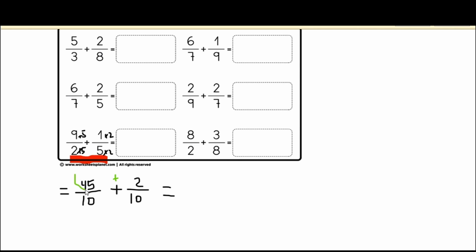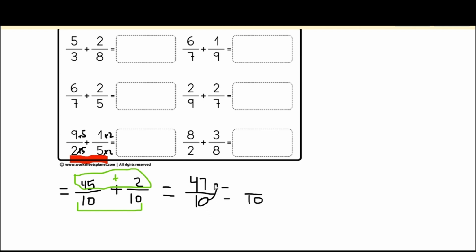Now here's the catch. Denominators are now the same. We don't worry about that. We only worry about the numerators. We add them together, and the denominator, we write it as is. We just take one number, 45 plus 2, equal to 47.